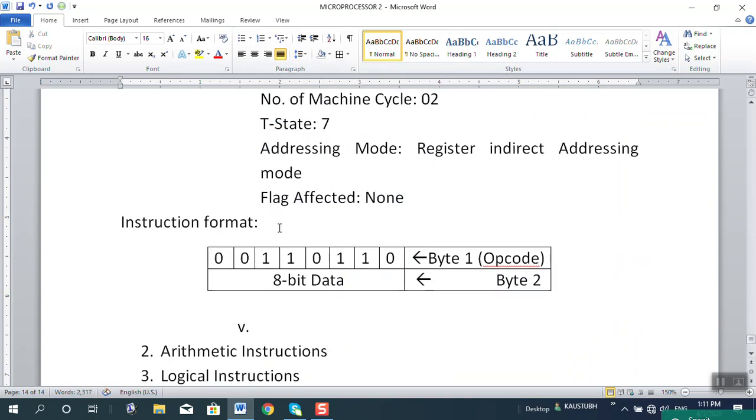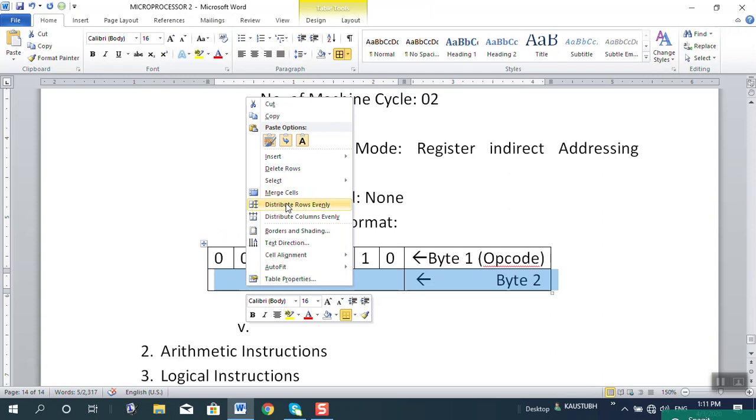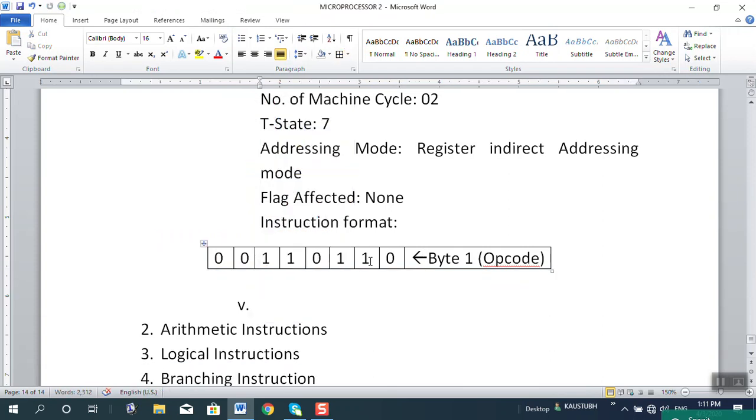In the instruction format, this is byte 1 only, there is no byte 2. This is the opcode: 00 RP 1010.